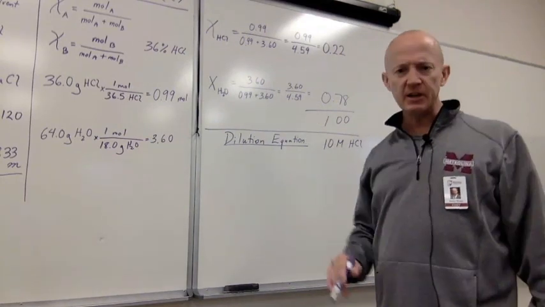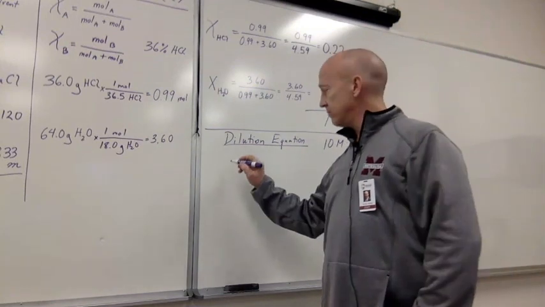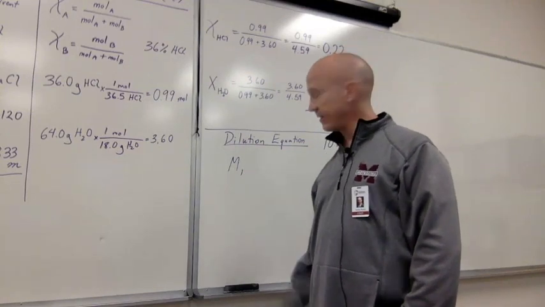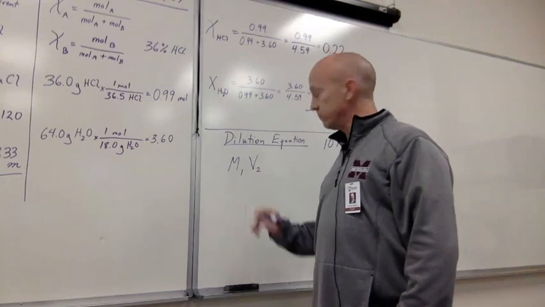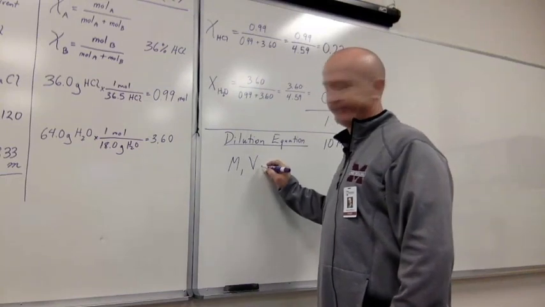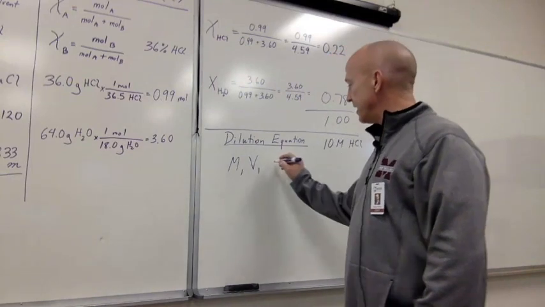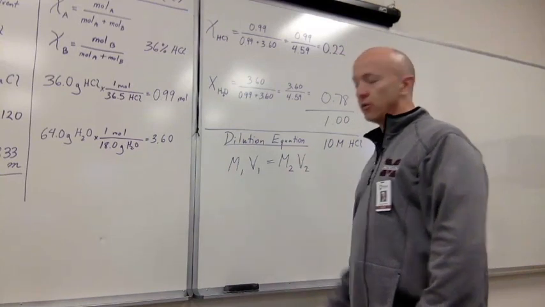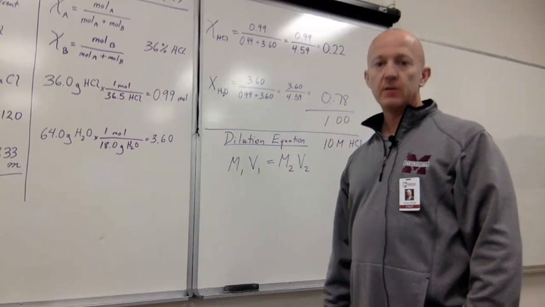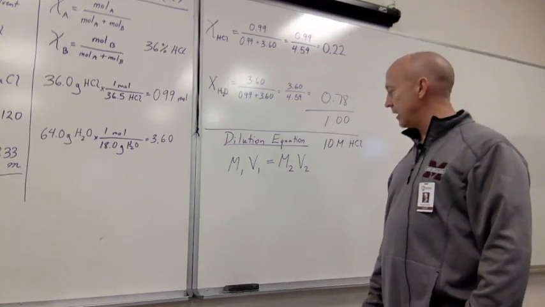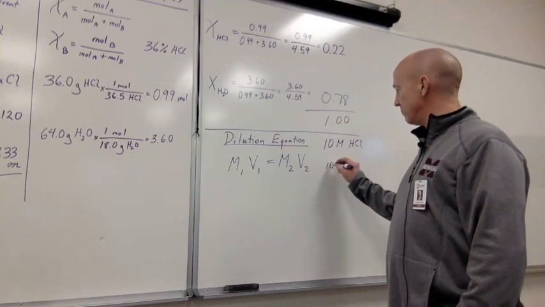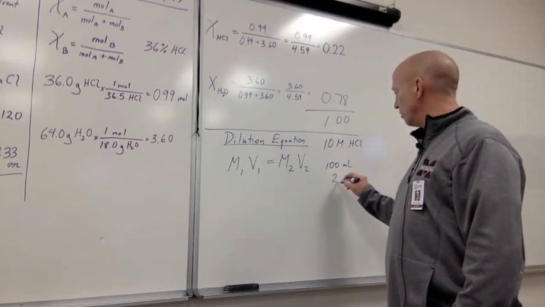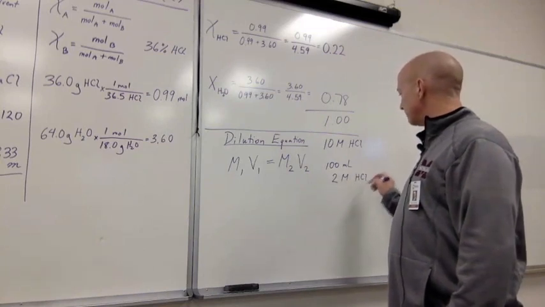Anyway, it's a very simple equation. The molarity originally times the volume originally is equal to the final molarity times the final volume. So let's say that I wanted to make 100 milliliters of 2 molar hydrochloric acid.